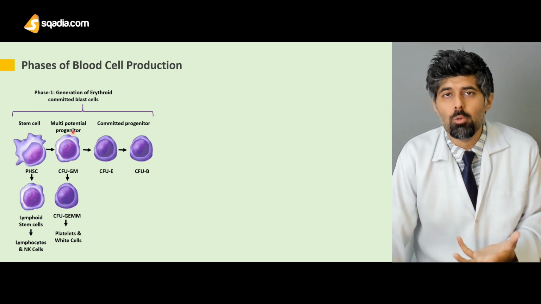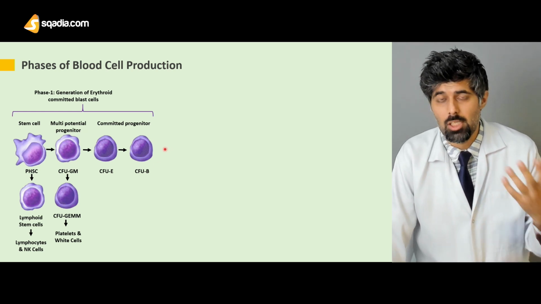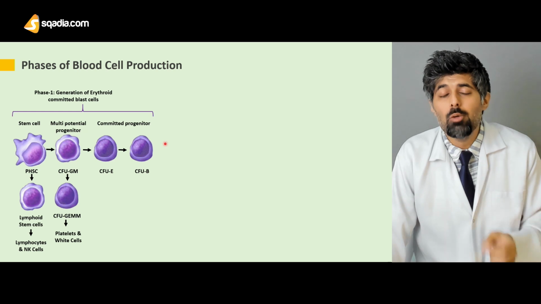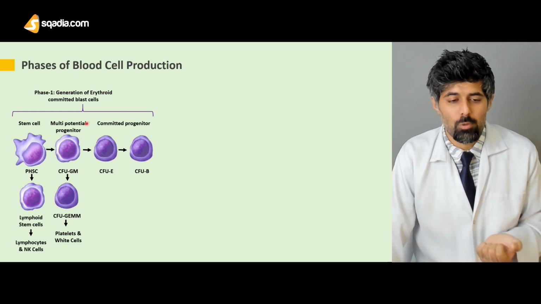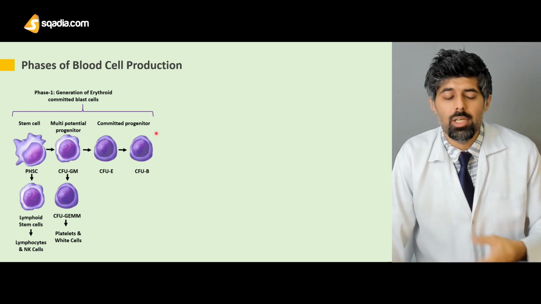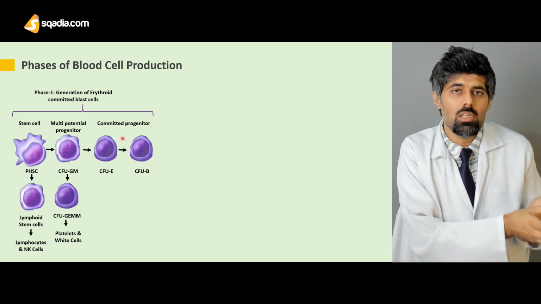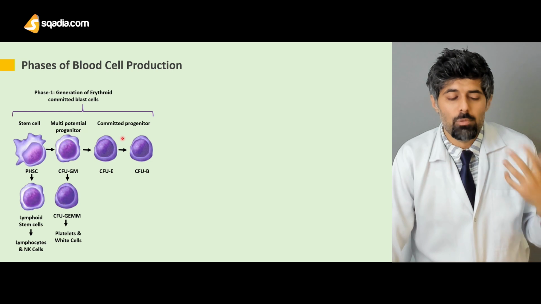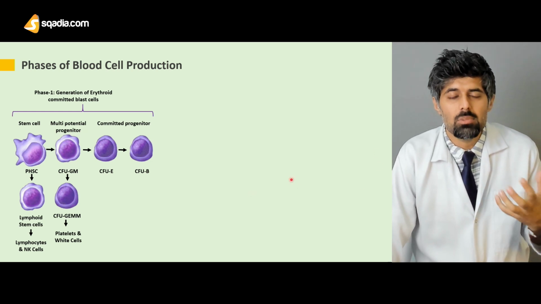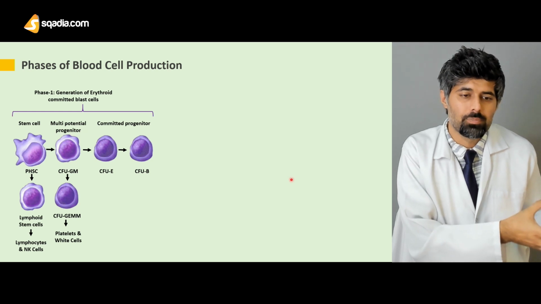But if you incubate the CFU-E and B, the committed progenitors, in laboratory conditions, only one cell line will be formed. So if you incubate CFU-E, you will only see the erythroid cells being formed. And if you incubate only the lymphoid stem cells, only the lymphoid cells will be formed.